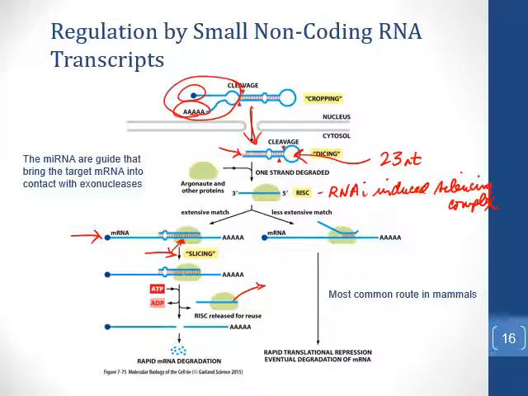So one way to think about this is that microRNAs are guides that bring the target mRNA into contact with exonucleases. So those exonucleases are going to be part of what you also would expect to find in the P-bodies. So in other words, one way to think about this is you've got these P-bodies that are sites of mRNA degradation.